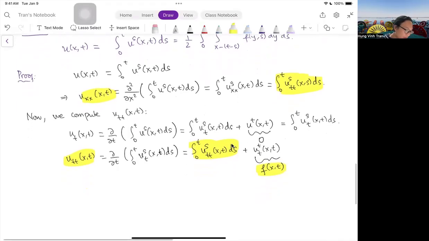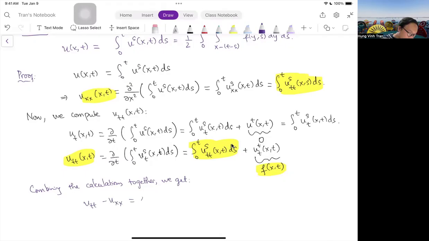So combining the calculation together, we get exactly that u_tt minus u_xx equals f(x,t). Okay, so we are done, right?